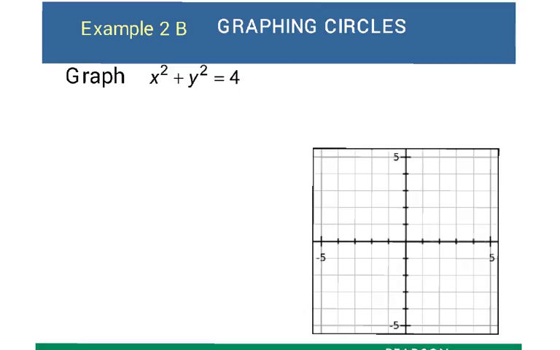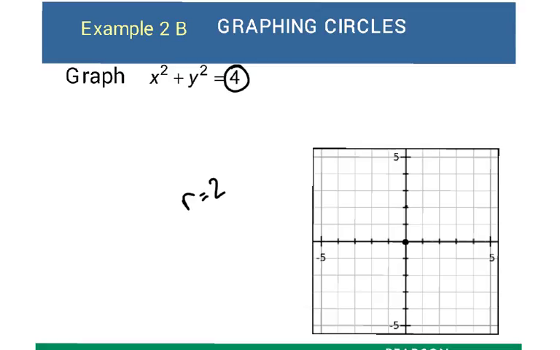And then we are asked to graph x squared plus y squared equals 4. So our center is at (0, 0), and our radius is the square root of this number, so 2.